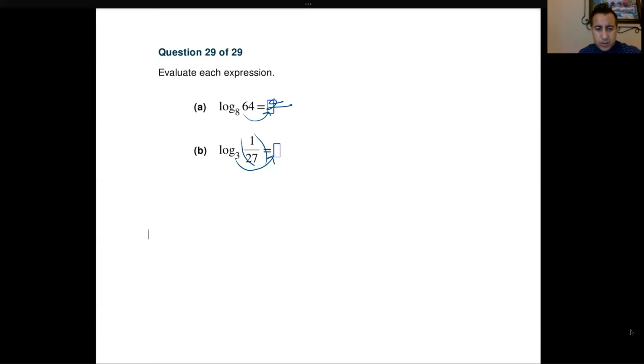So think about it, just if it's 27, so it'll be 3, right? 3 to the third power equal 27. And when does it happen that you have reciprocal? If this is negative. All right, so because that's 1 over 3 to the third, which is 1 over 27.